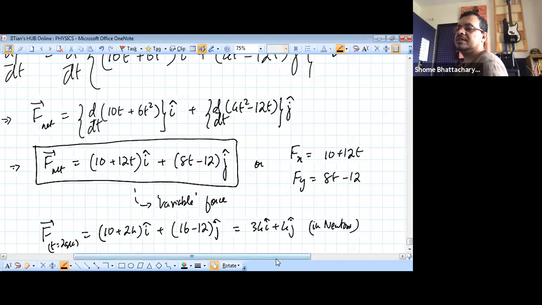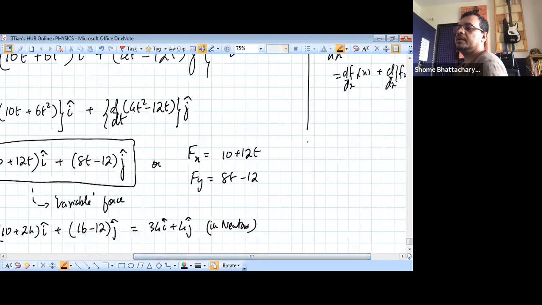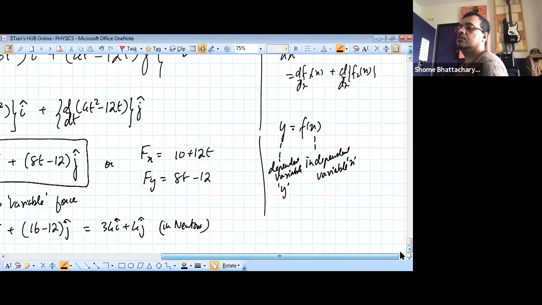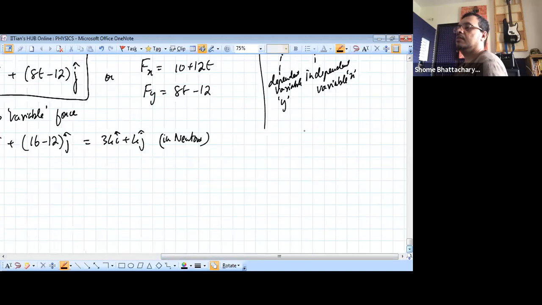Yeah, function of time, beta. That means it is expressed in terms of the variable of time. Like when we write y is a function of x, that means x is the independent variable and y is the dependent variable. So like that, if I say, for example, that I'm finding momentum as a function of time, only it's a vector function.